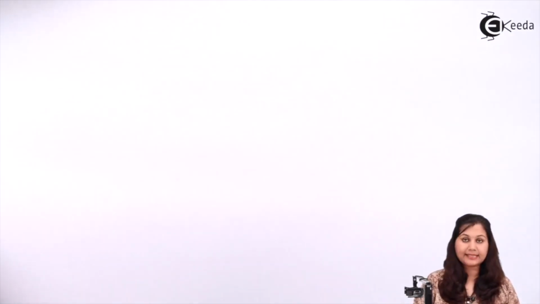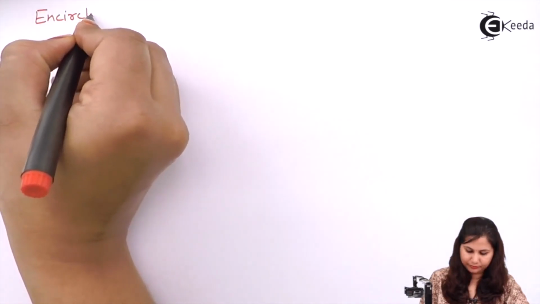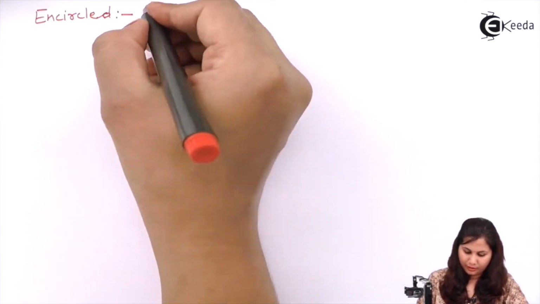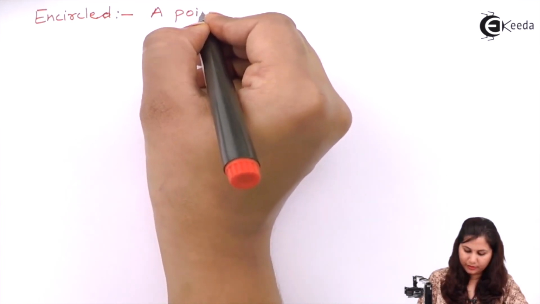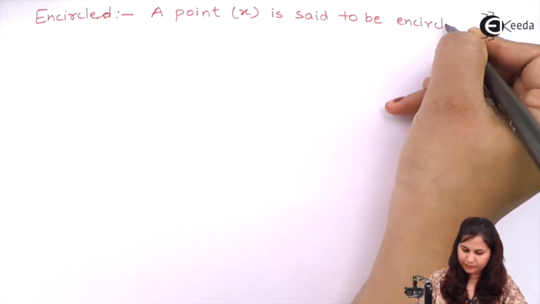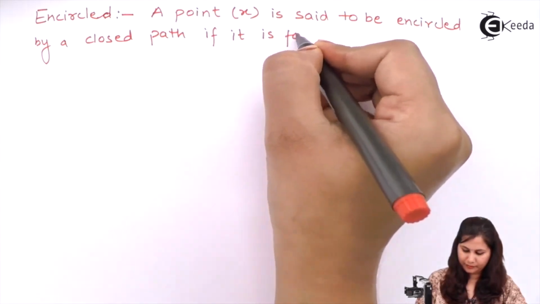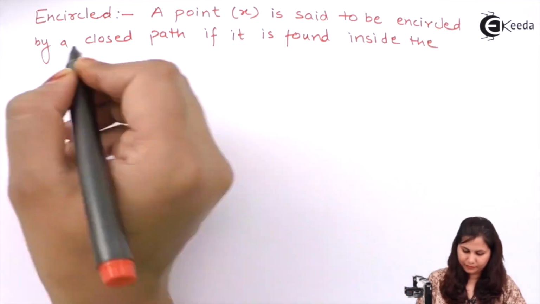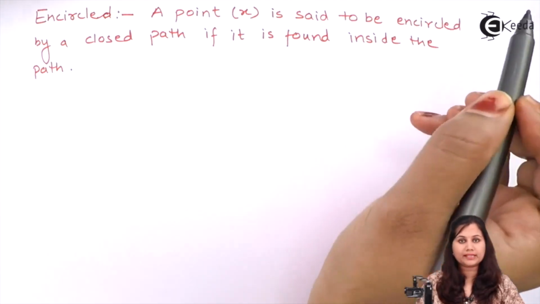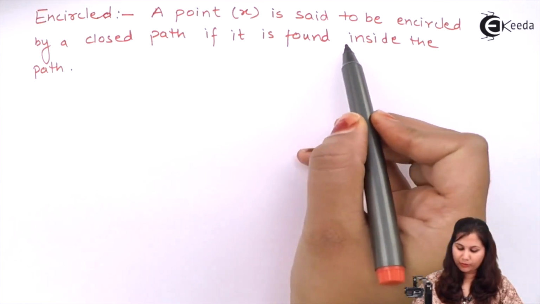Now the next term is encircled. So if there is a point x, then that point x is said to be encircled by a closed path if that point is lying or found inside the path.